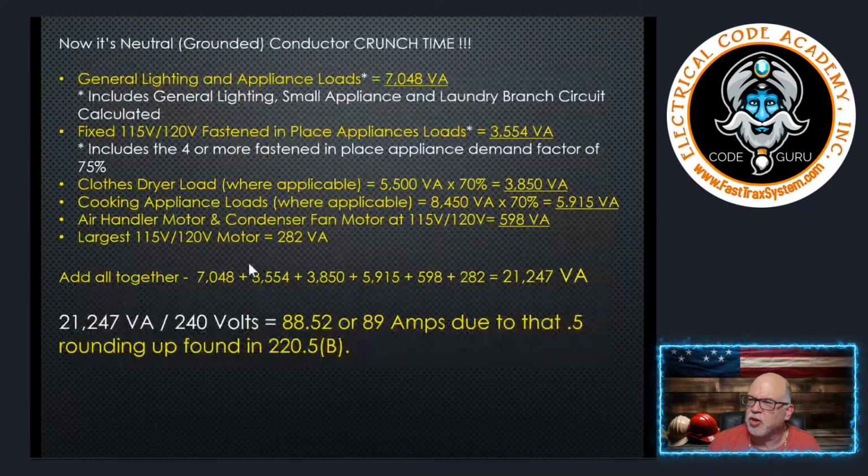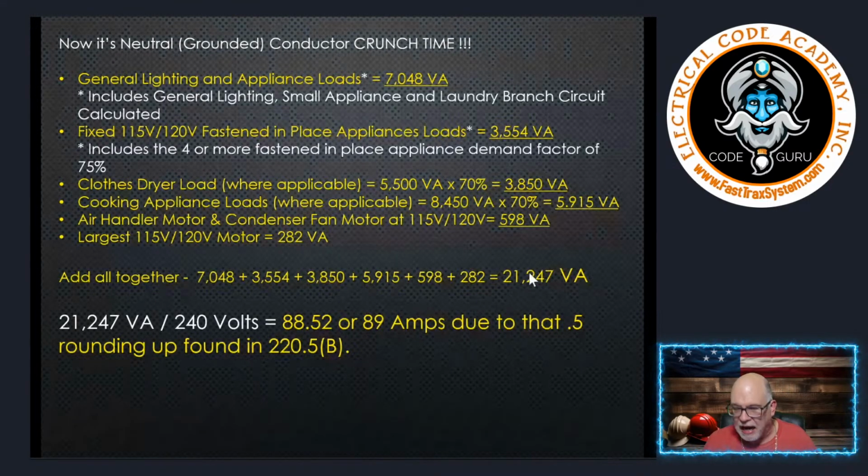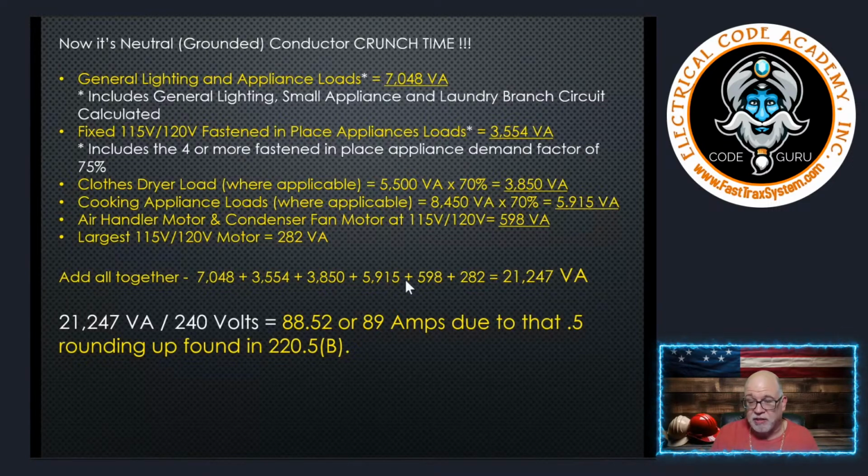So when it comes to the neutral, we're adding all of these neutral loads up. As you can see, we added everything up here, and that was 21,247. Obviously, we divide that by 240, just like we did before. I'll do that as well. And we're running close to my time, so bear with me. I'll take us over just a little bit. I'm going to divide that by 240.